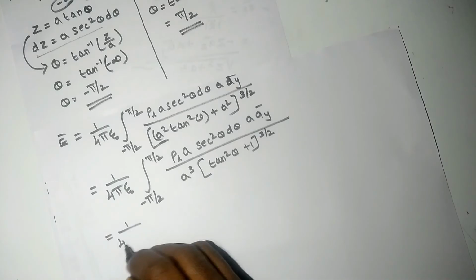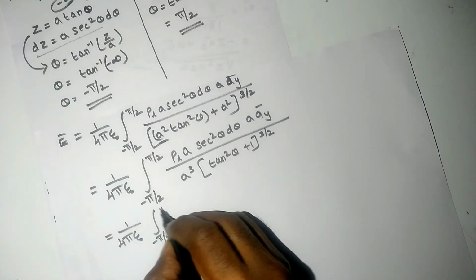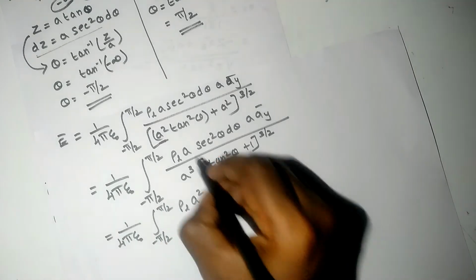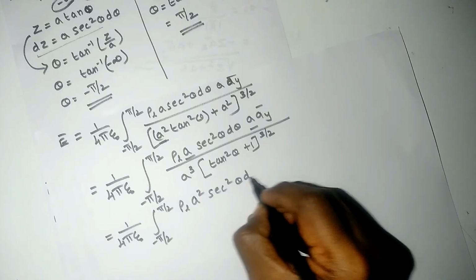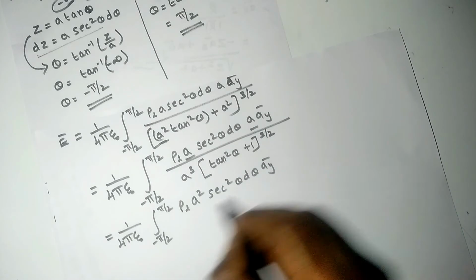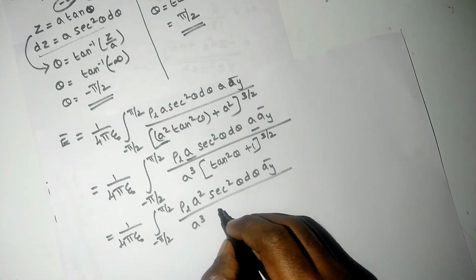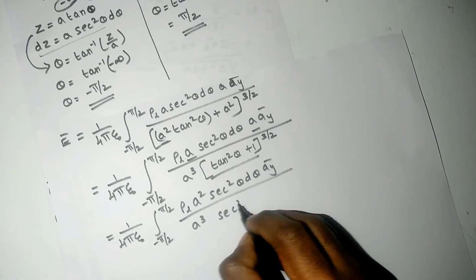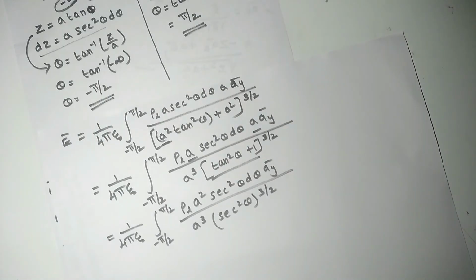So this will be equal to 1 by 4 pi epsilon 0 minus pi by 2 to plus pi by 2 rho L a square secant square theta d theta a_y divided by a cube into 1 plus tan square theta, which will be equal to secant square theta, the whole power 3 by 2.